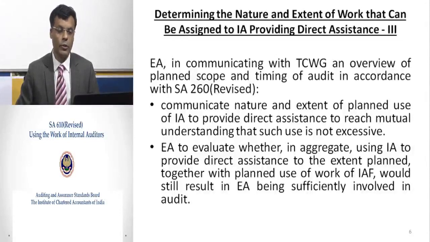The external auditor should evaluate whether, in aggregate, using the internal audit to provide direct assistance to the extent planned, together with the planned use of the work of the internal audit function, which we talked about in part 1, would still result in the external auditor being sufficiently involved in the entire audit.